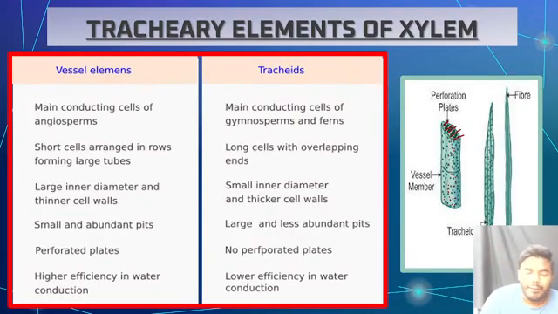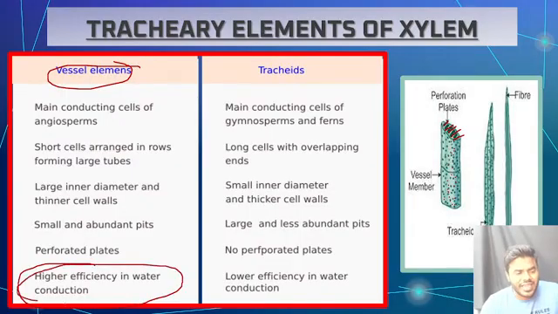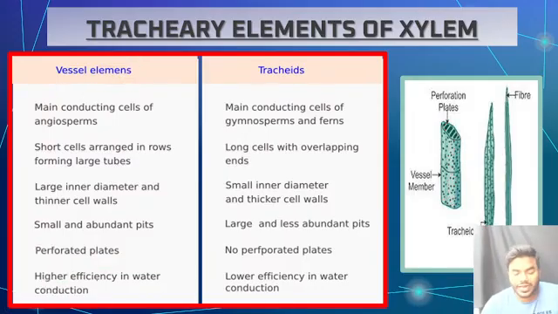As I mentioned, perforated plates are more efficient in conduction or in the transport of the water. That's why we can say vessel elements, which are present in the angiosperms, have a very high efficiency in the water conduction. Kindly do not forget this particular statement at all.